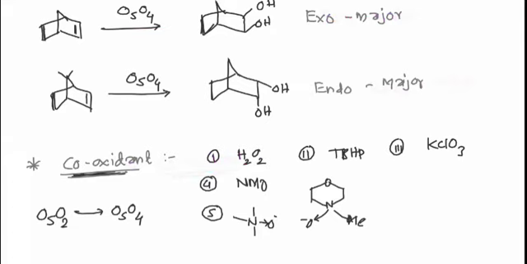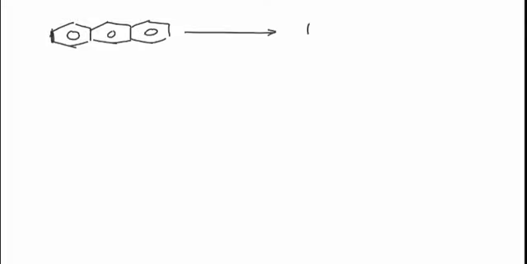So this reagent is used in various steroid molecules also. Now in the case of polynuclear aromatic hydrocarbons, the oxidation of the last ring is going to take place. For example, this is anthracene, and that anthracene molecule is going to be converted into this one. So basically this reaction proceeds via a two-step mechanism.